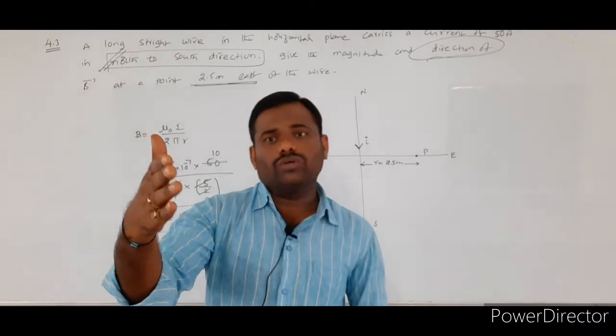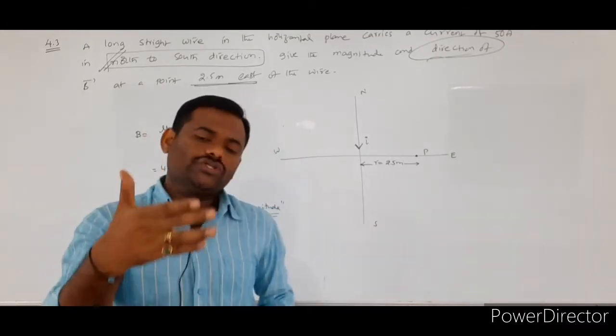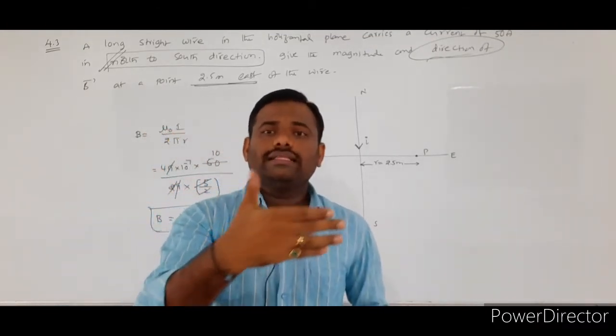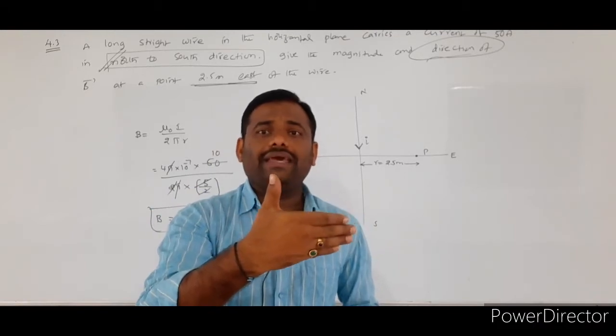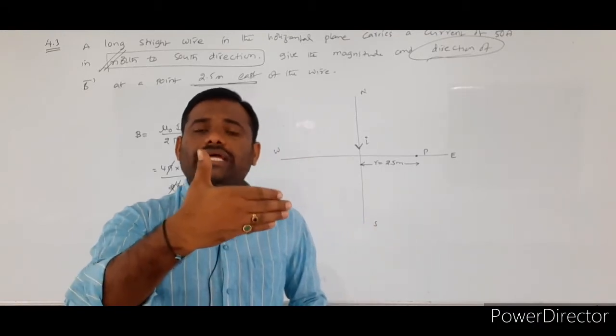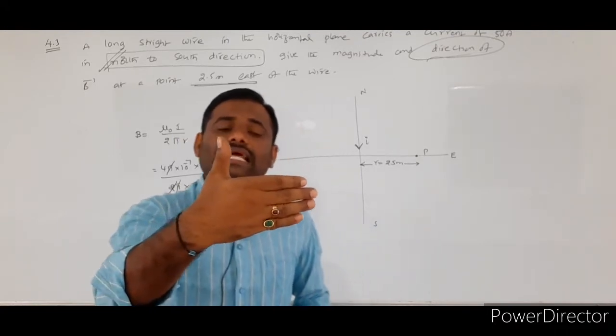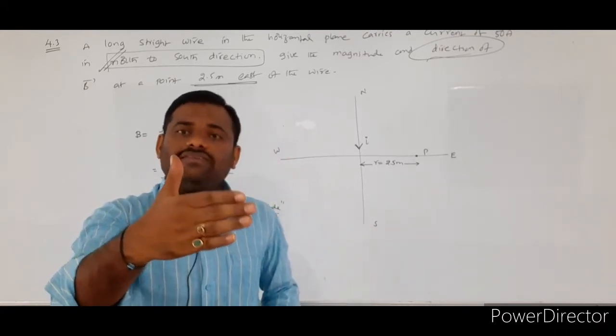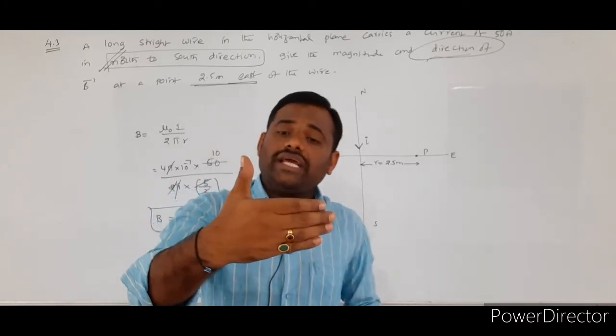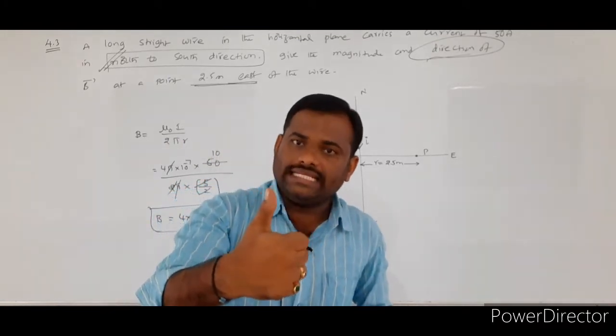The right hand thumb rule. What is the right hand thumb rule? The thumb represents the direction of the flow of current, whereas the curling fingers indicate the direction of the magnetic field lines.